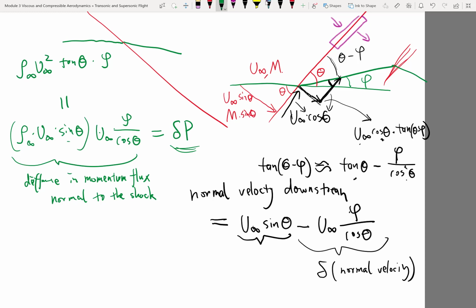And for an expansion wave, the pressure decreases and the flow velocity in the normal direction would increase as a result. So you have exactly the same set of equations, except phi is going to be negative. The angle increases, so we get theta plus an angle instead of minus. And delta P is going to be a negative quantity, so the pressure would decrease. But anyway, this equation would be exactly the same, no matter for shock or for expansion waves.